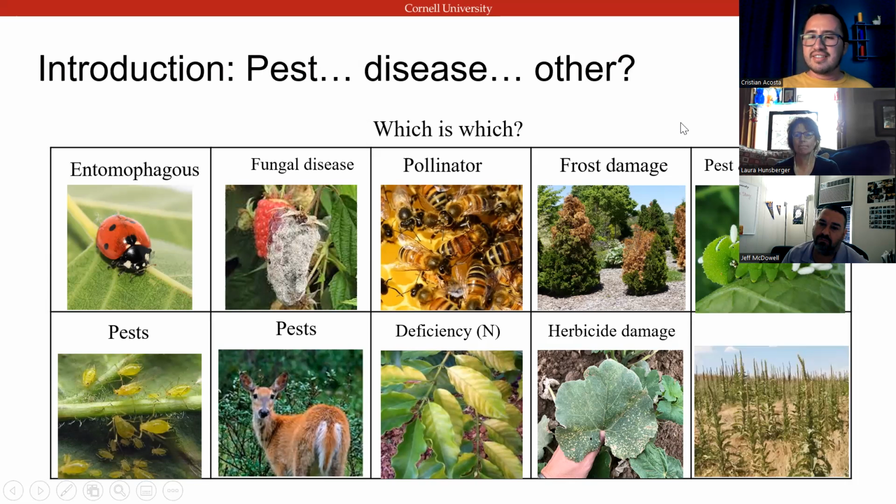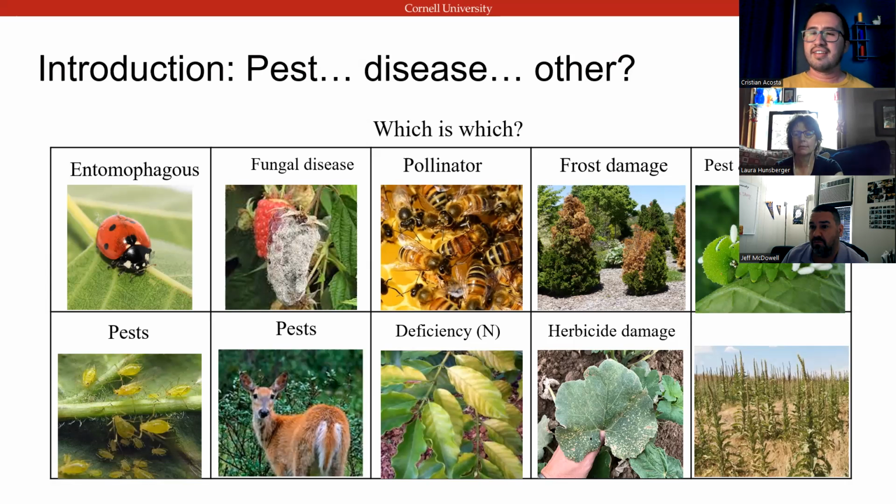And the last one is a little challenging. We have a crop with a lot of weeds. How do we consider the weeds: pest, disease, or another thing? It's a pest. It competes for nutrients, sunlight and space.